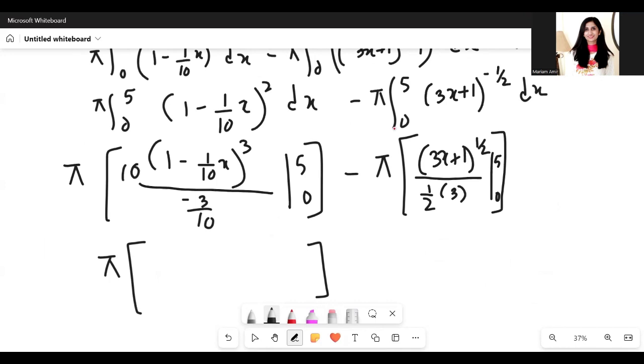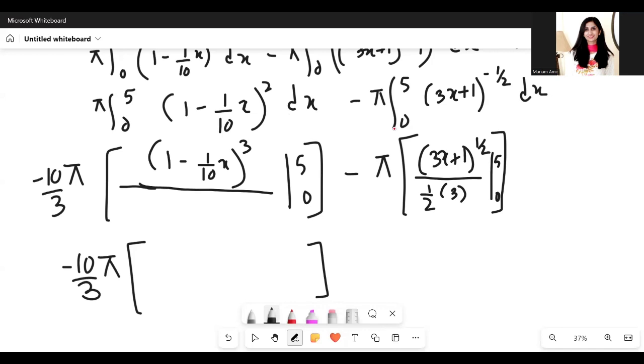The 10 goes up and the 3 is down, and also the negative is usually written with the numerator, so minus 10 over 3. I'm going to bring that out to make the math easier inside the bracket. You can bring out the coefficients. And now we have just 1 minus 1 upon 10x, power cubed. Minus 10 over 3 is out.